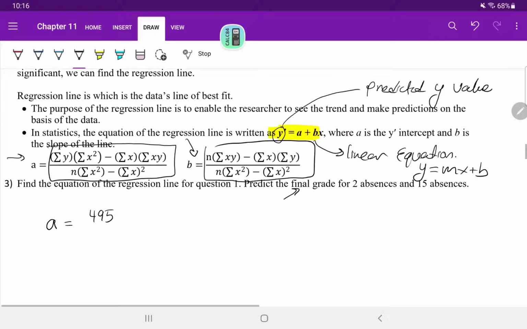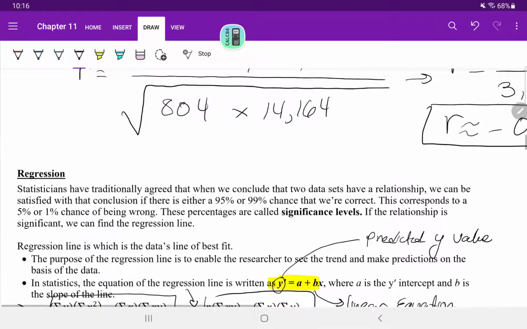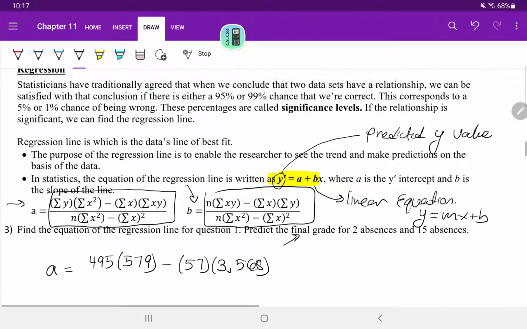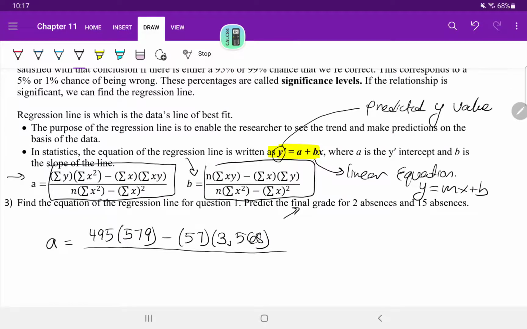So that's 495, multiplied by 579, minus the sum of x, which was 57, times the sum of x times y, which was 3,568. Let's double check that to make sure I'm correct. Yes, I am. Now, that is going to be divided by n, which is 7, times the sum of the squares of x, which was, once again, 579, minus the sum of x. The sum of x is 57, and we're squaring this.